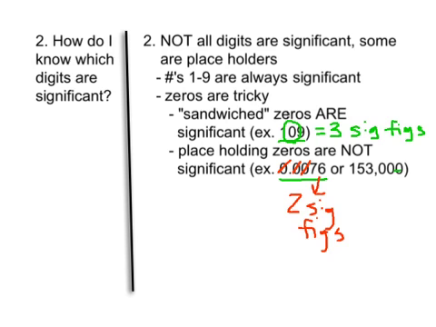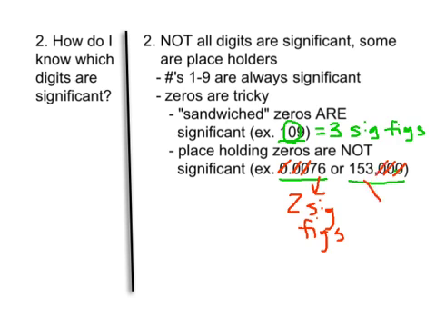All right, and if we take a look at the second example, 153,000. Again, we've got placeholder zeros, but now they're in the back. So these zeros here are just to tell us it's a really big measurement, or a really big number. So these ones do not count either, because they're placeholders.